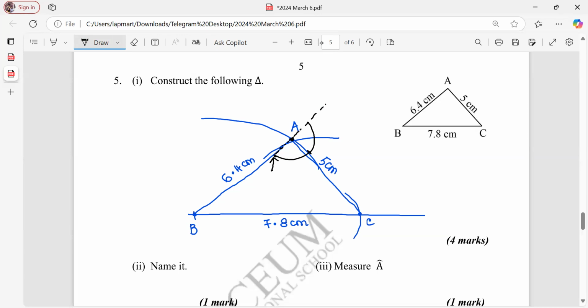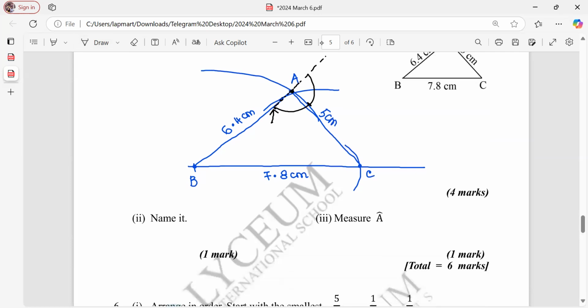I'm not showing how I'm going to do that, as I have done a separate video. I will share that with you too. So then you want to name it, we name it ABC, and we name the side lengths. Then we measure the angle A. To measure the angle A, you just extend this side like this, and you keep the protractor. The center of the protractor and this point should tally with each other.